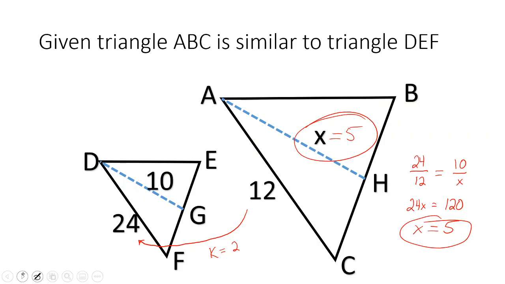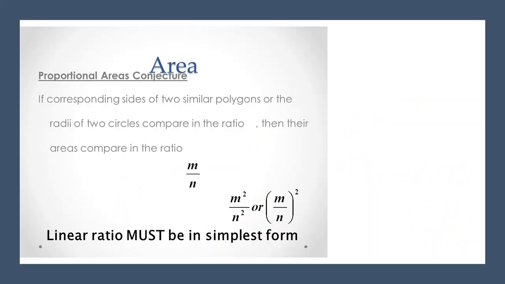All right, hopefully you're getting this concept. It's not too bad. It does get a little bit more confusing when we add in area. If we have the proportion m over n, like we have here, like the pre-image over the image, instead of multiplying just by the simple k factor, for area we have to have k squared, or we have to square the numerator and the denominator, like we have here.